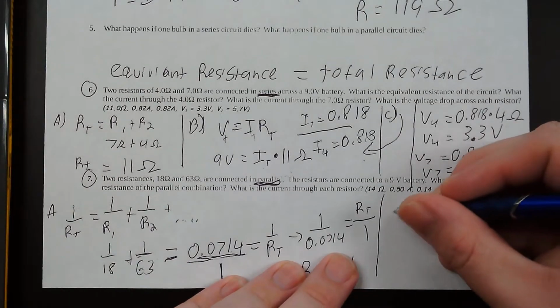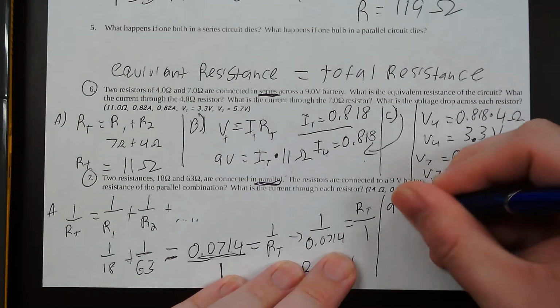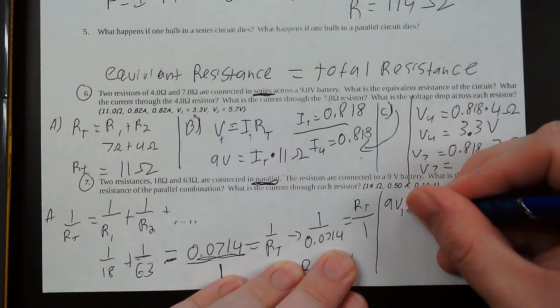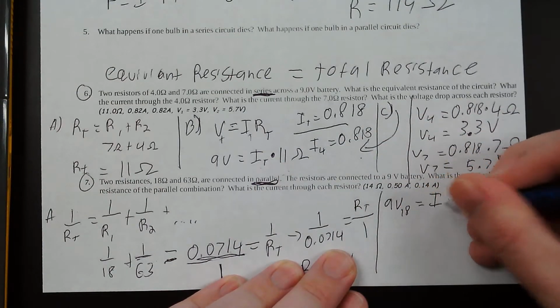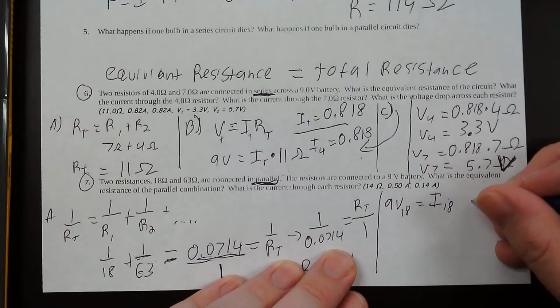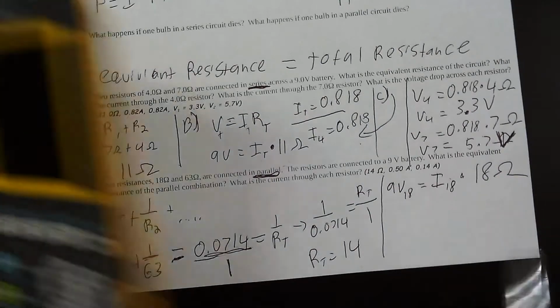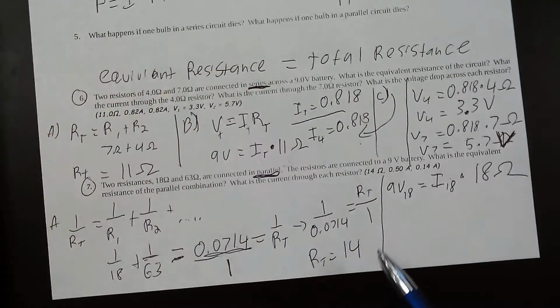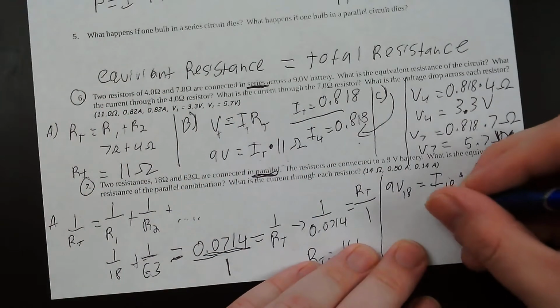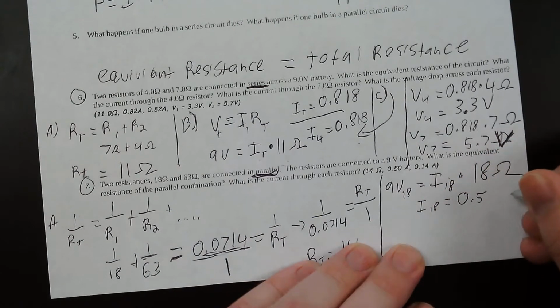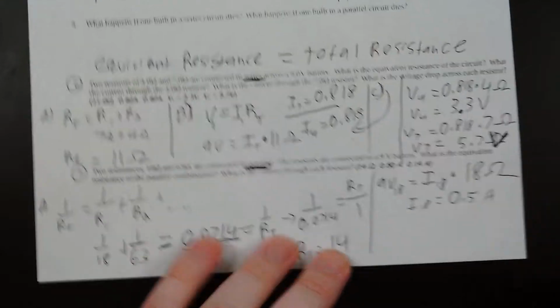So, same deal, okay? So, the 9 volts across the 18 ohm resistor is going to equal the current across the 18 ohm resistor times the 18 ohm resistor itself, okay? So we're going to do 9 divided by 18. That's going to give us a current across the 18 of 0.5 amps, okay?